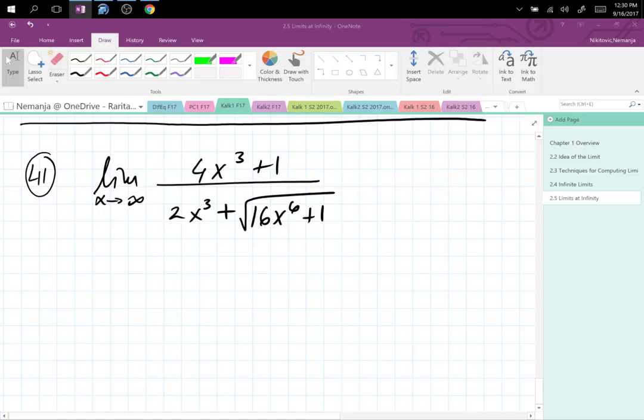You would divide by the highest exponent in the problem. Now, what is the highest exponent that we actually have there? It's a 3. What's the square root of x to the 6th? x cubed. You see? So all of them are actually x cubed. If you divide by x cubed, these are clear.